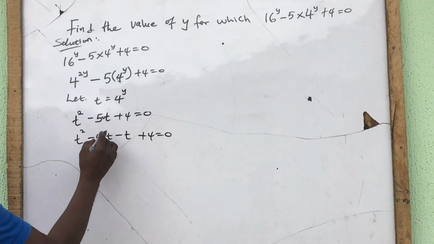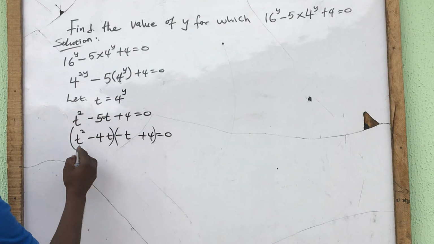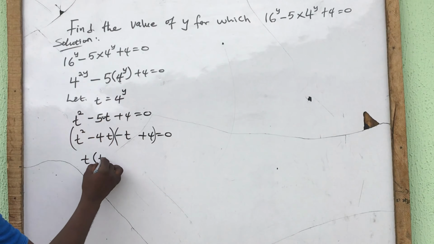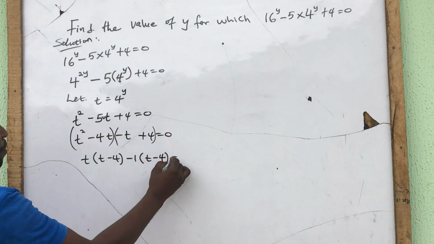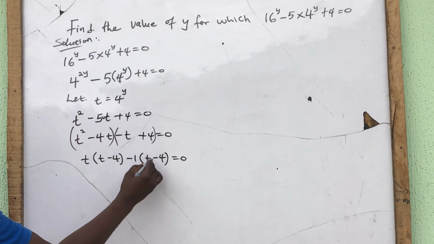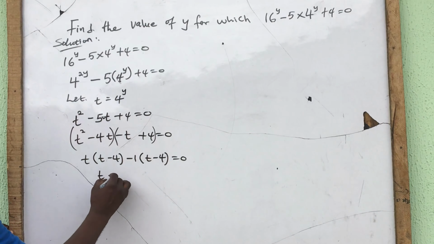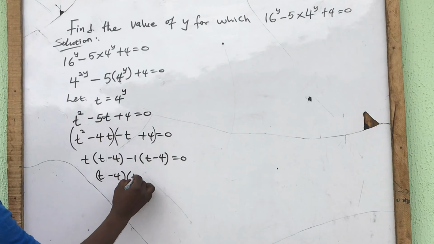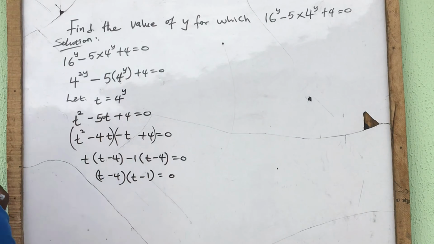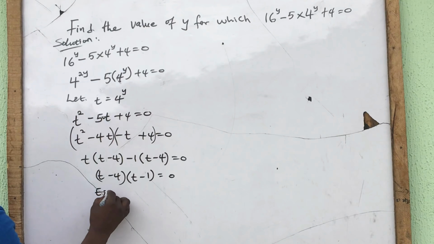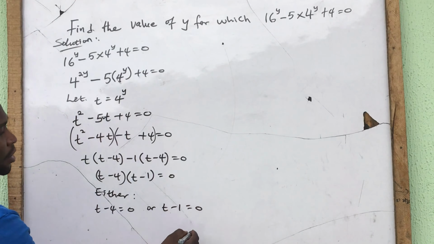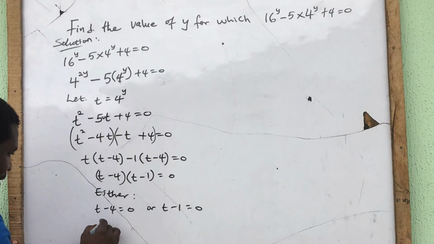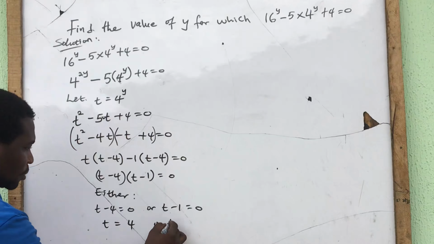I can easily group this: t into t minus 4, minus 1 into t minus 4, equals 0. So t minus 4 is common: t minus 4 into t minus 1 equal to 0. From here, either t minus 4 equal to 0 or t minus 1 equal to 0, so t equal to 4 or t equal to 1.